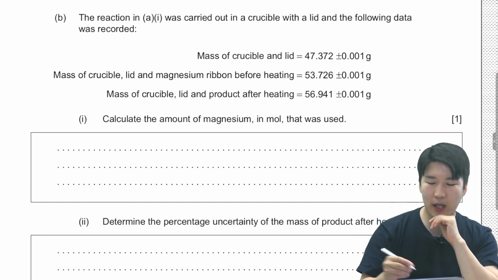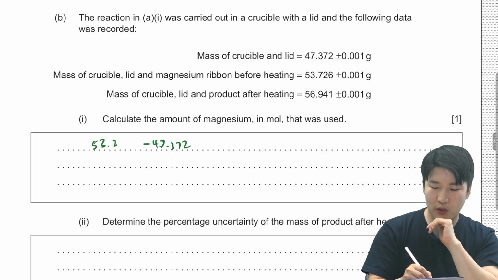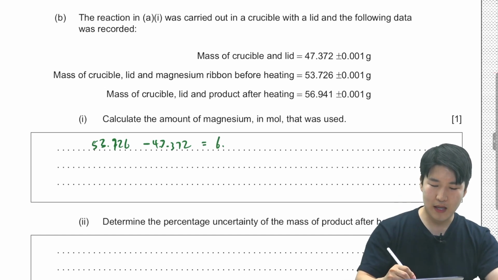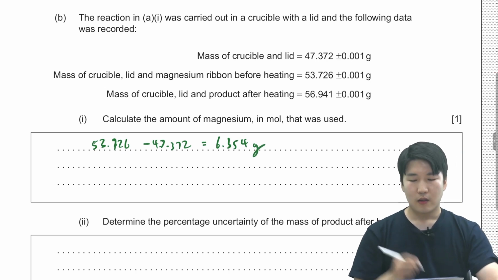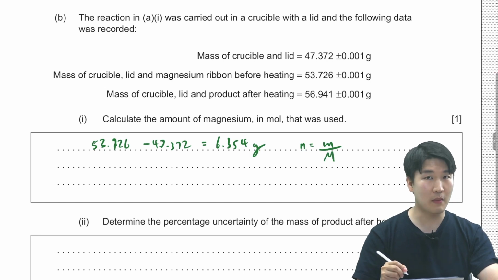So we're going to take away 47.372 from the 53.726 value to work out the mass of magnesium, which would equal to the amount of magnesium when divided by the molar mass.